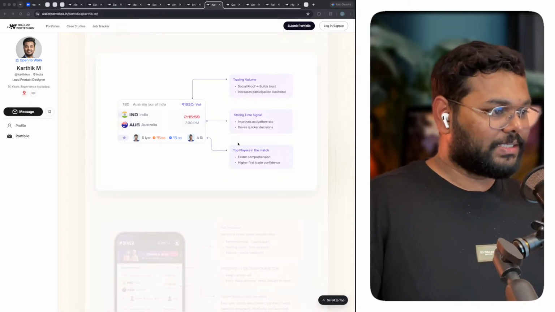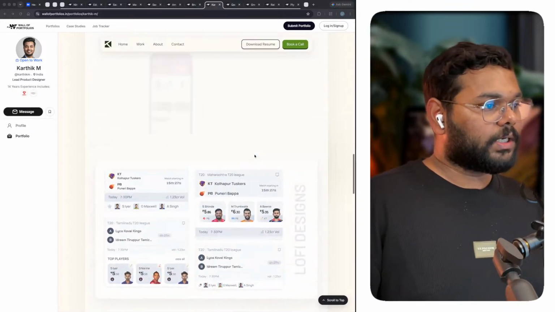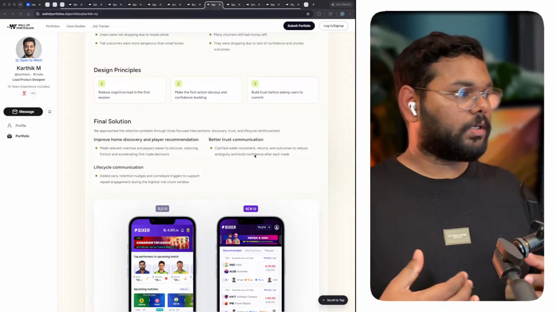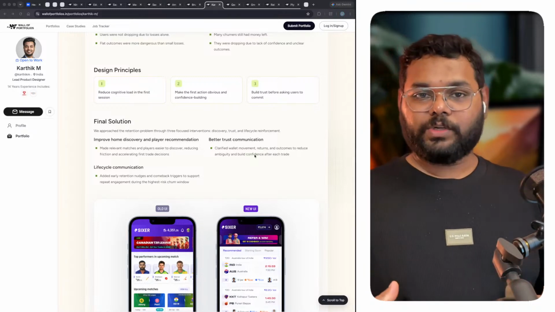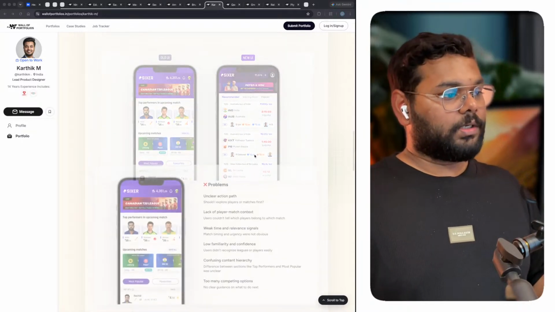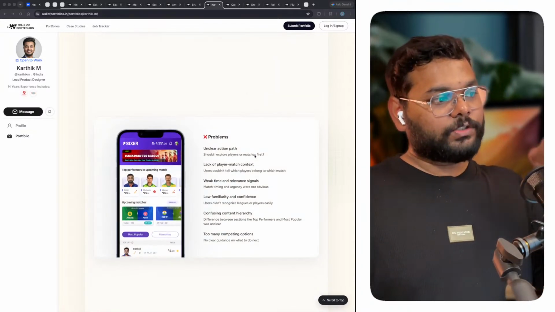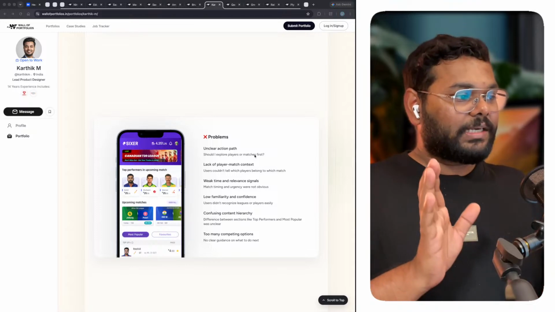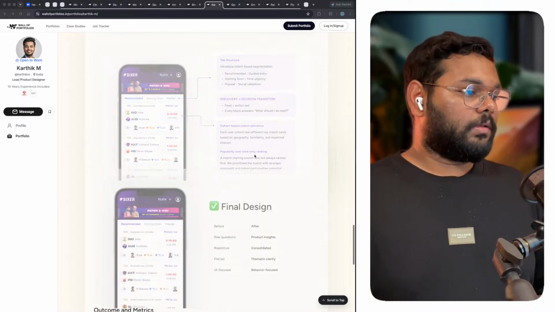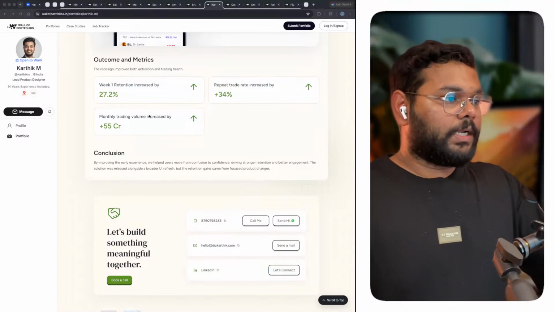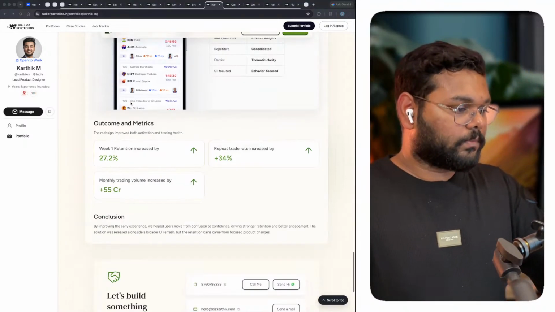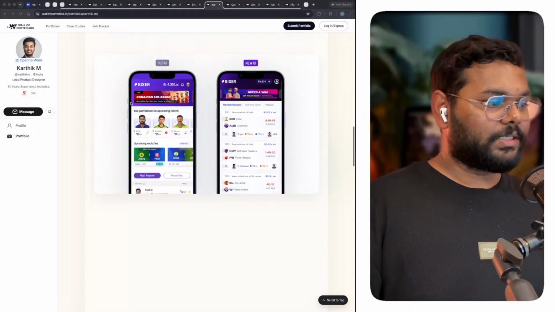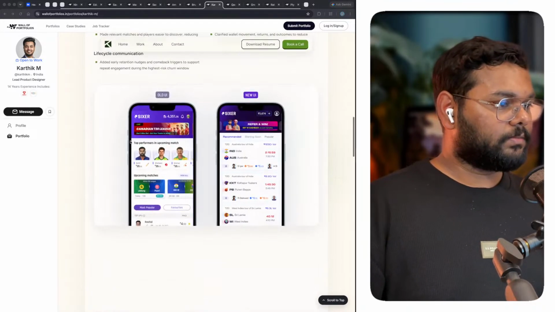So these are the design decisions, which is good, but the connection between the problem, the kind of solution he proposed, and the kind of outcome he got, and how that problem was being solved by that particular element or decision, that connection is missing. And we have directly the outcome. So I think just a small part, that connection is missing. Otherwise this case study is short, crisp, and to the point.